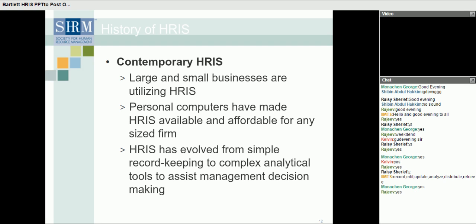That means with the help of this human resource information system, as the name suggests, you can access it from anywhere, store it anywhere, edit the records anytime, and update the records anytime. For example, if somebody left the organization, then you have to delete the information pertaining to that employee.